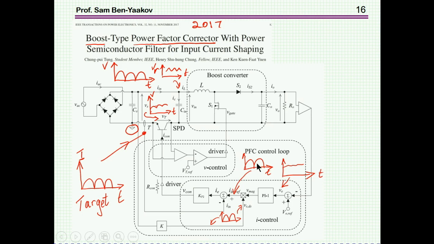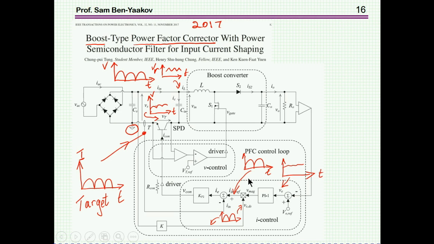Now this waveform is compared to the current flowing here. In fact, this feedback forces this current to follow this waveform by generating an error signal going through an amplifier and feeding the base of the transistor.